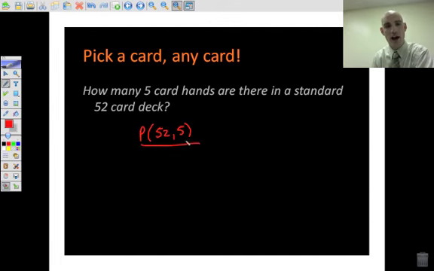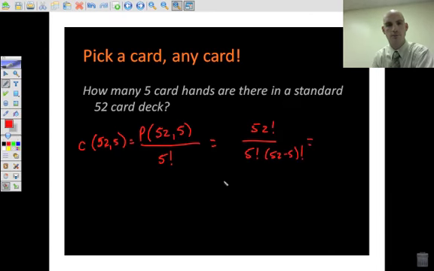And so we are going to actually be doing the combination of 52 things, chosen 5 at a time, which is equal to 52 factorial over 5 factorial times 52 minus 5 factorial.